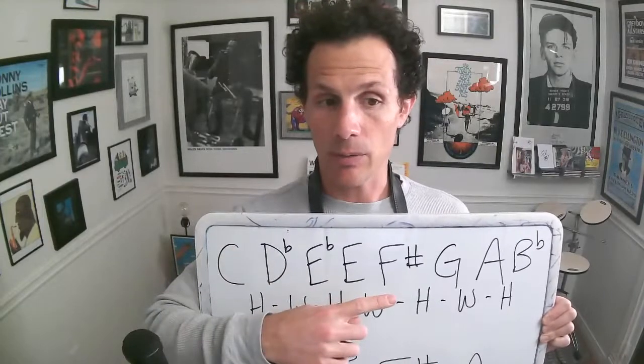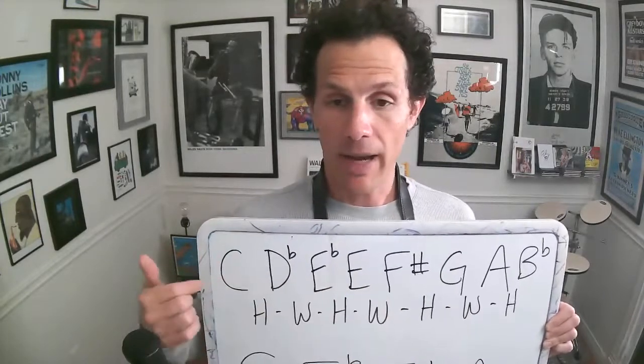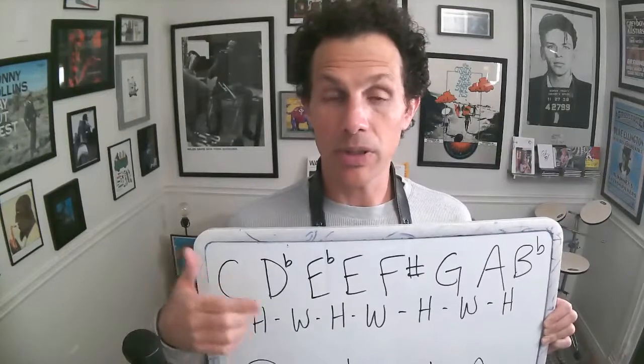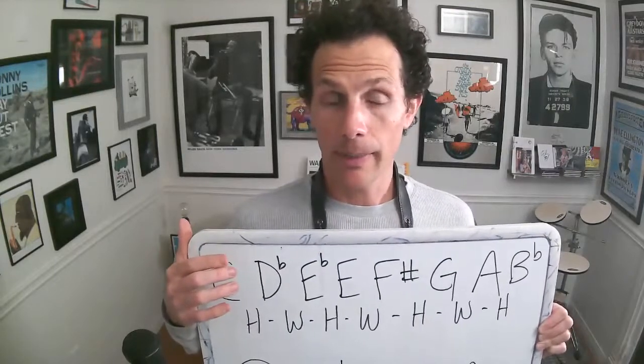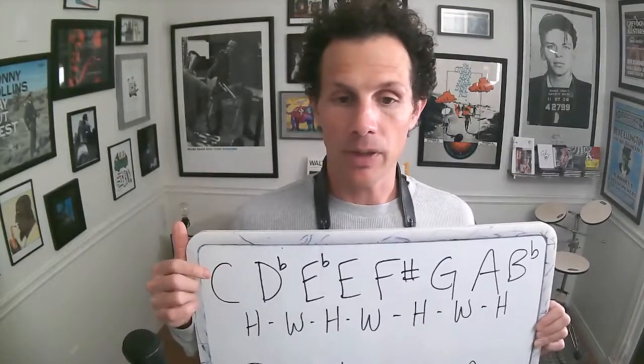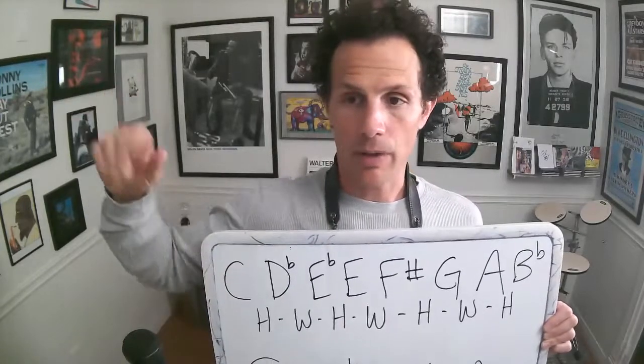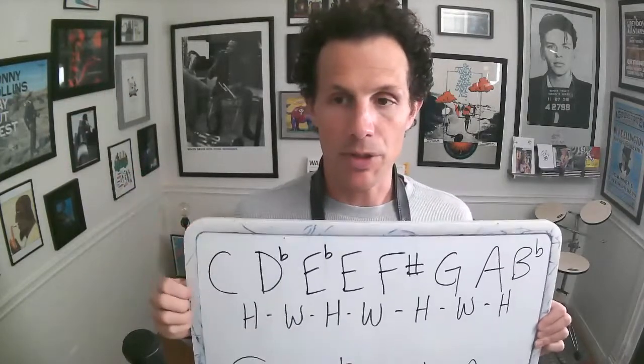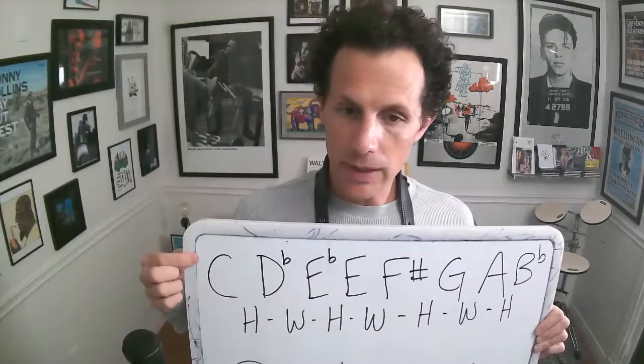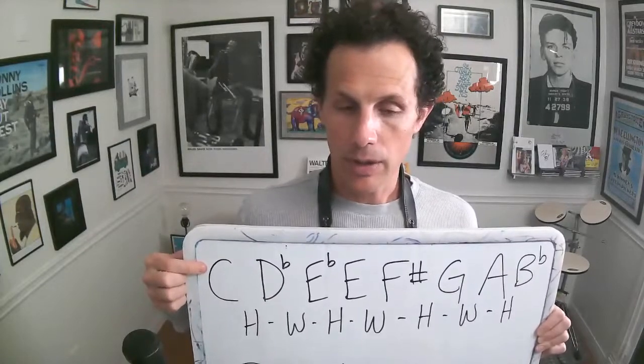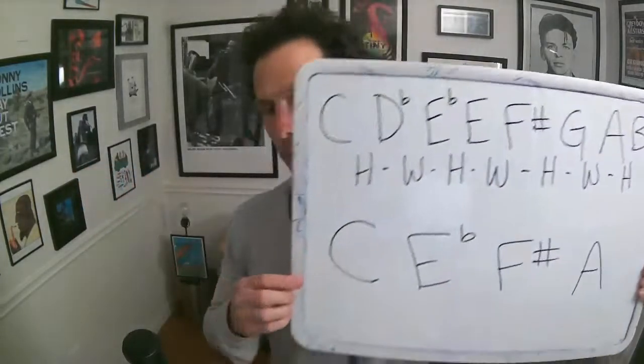Once you get to B flat, you're back to C, and this is a completely symmetrical scale, meaning it follows this pattern perfectly, and you can go on forever, and it will follow this pattern. It never changes.